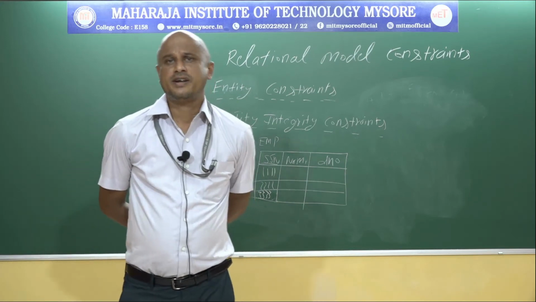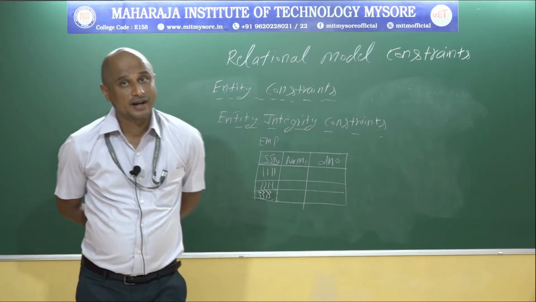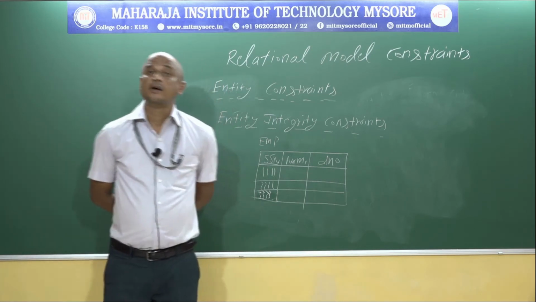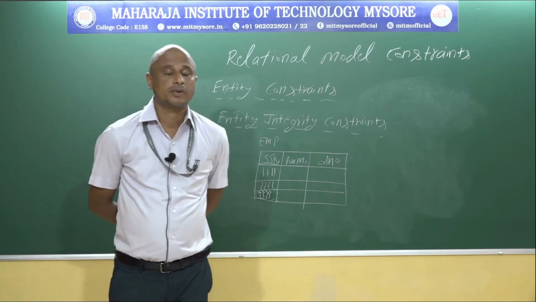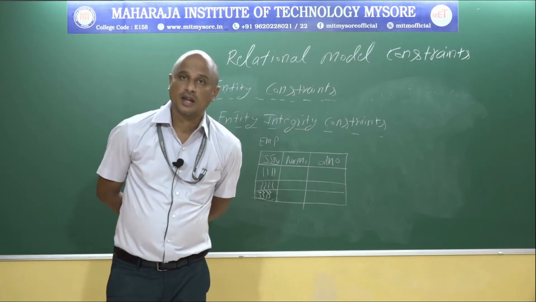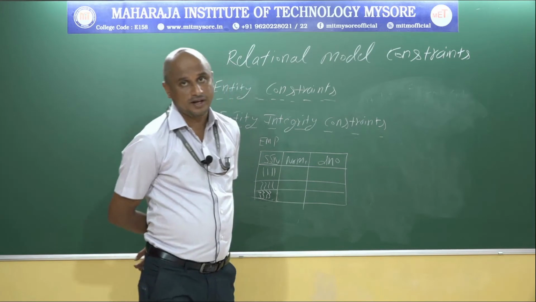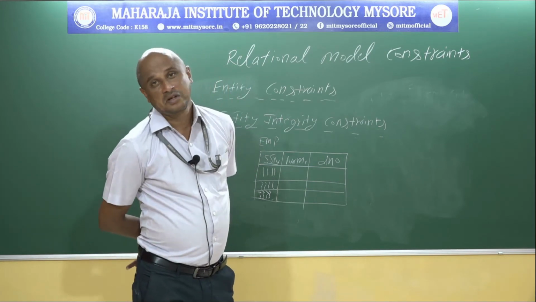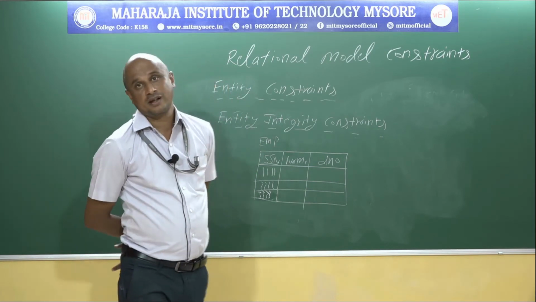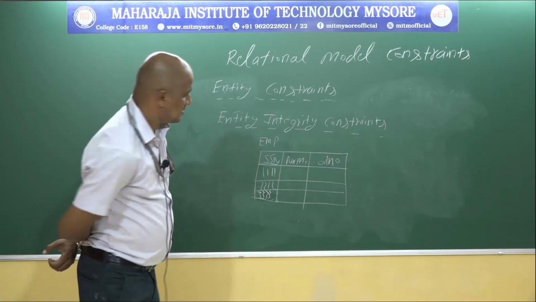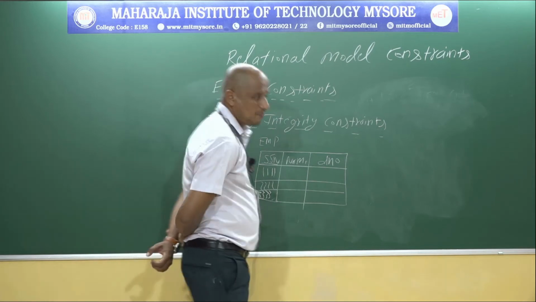That's what the entity integrity constraint tells. It is the rule that defines that a primary key cannot be null. If it is null, then your existence is not possible in any database.